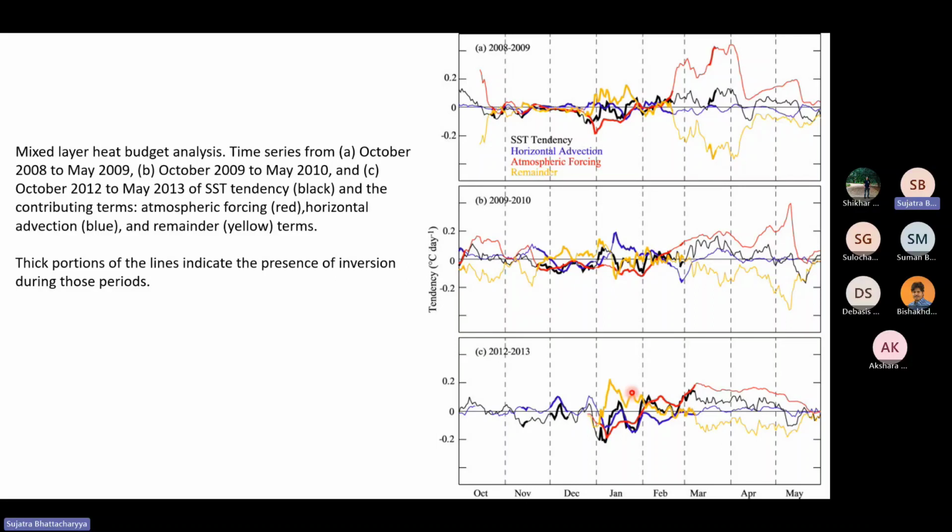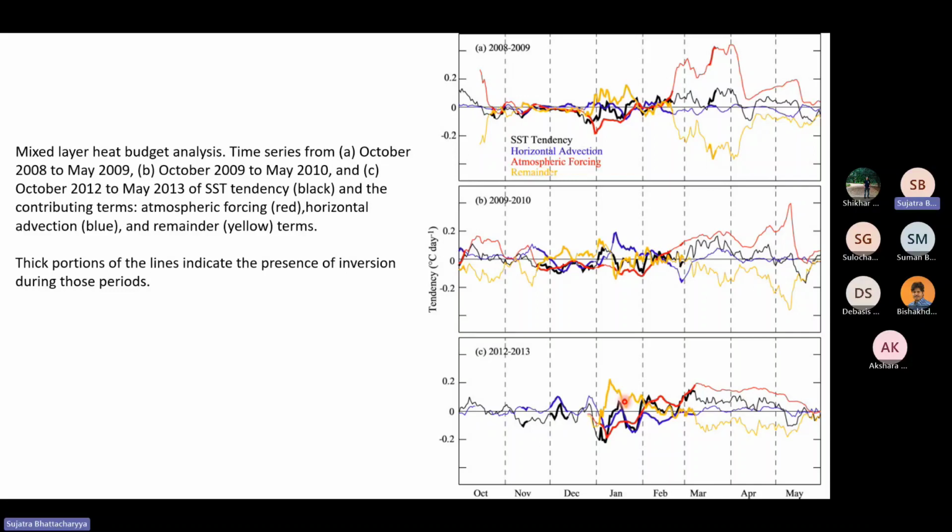However, in an already cooling surface, the temperature inversion also acts to supply heat upwards, thus dampening the effect of cooling. So the remainder term here, positive, indicates that the surface layer temperature inversion has a tendency to warm the mixed layer because the heat is being supplied from the subsurface to the surface.